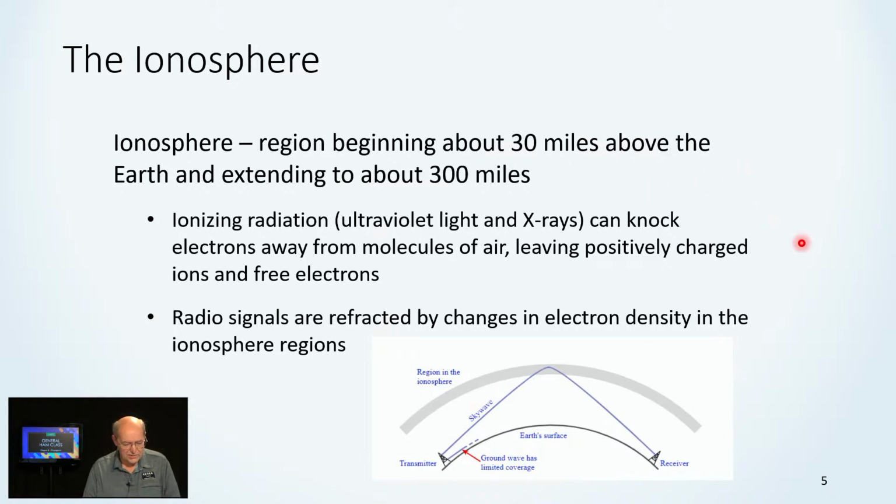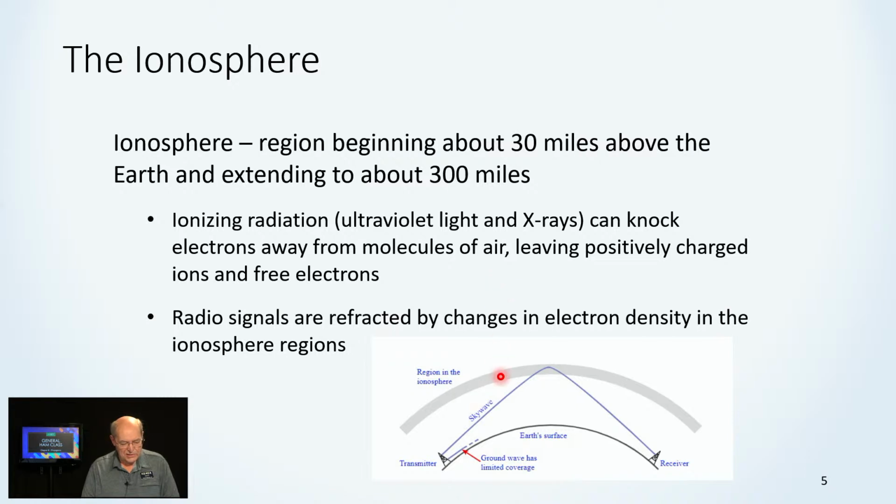There's one type of radiation that we call ionizing radiation, which is ultraviolet light and X-rays. The energy in that radiation can knock electrons away from molecules of air, and that leaves a positively charged ion and a free electron. Thus the term ionosphere when this happens way up in the air.